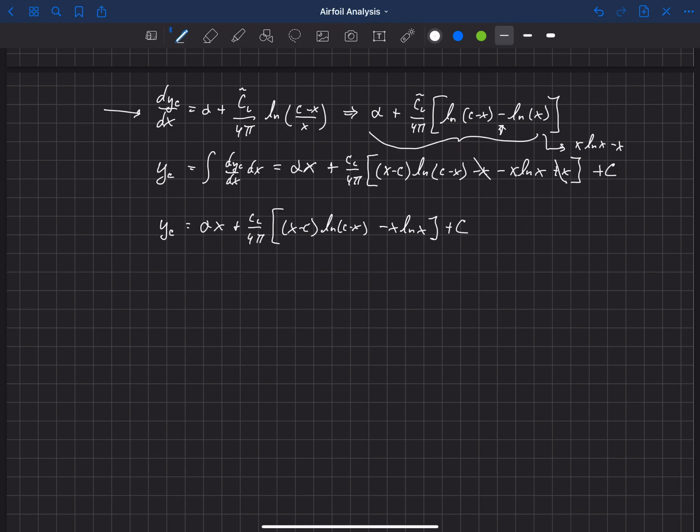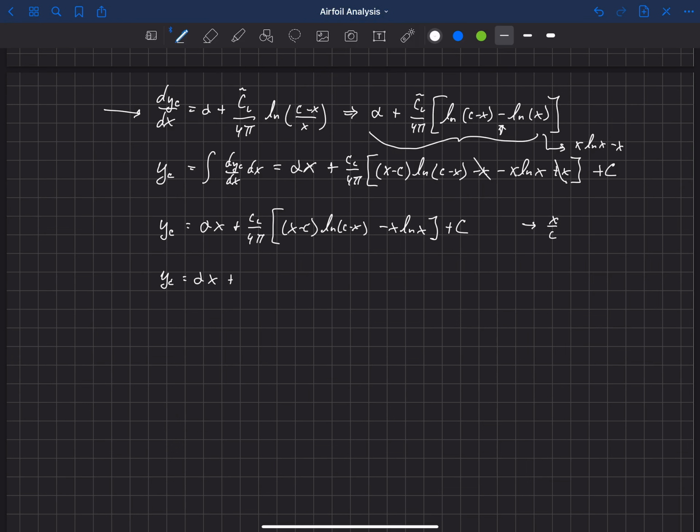So we have everything in terms of x's and c's, and I'd really like to write this whole thing in terms of x over c, so in percent chord. In order to do that, we can divide through the right hand side, or the parentheses here, by c.